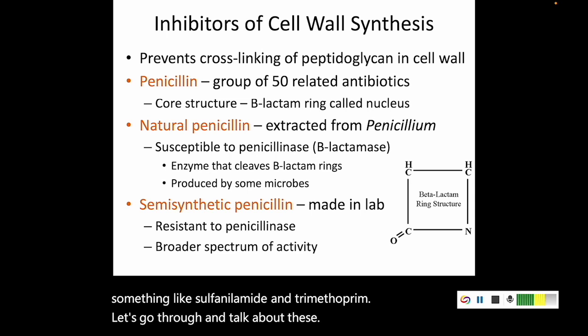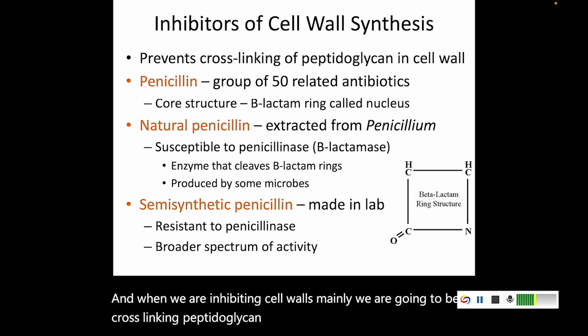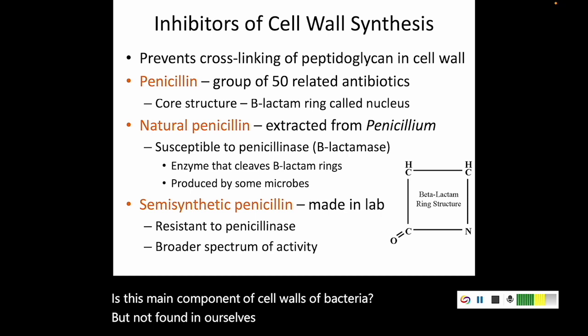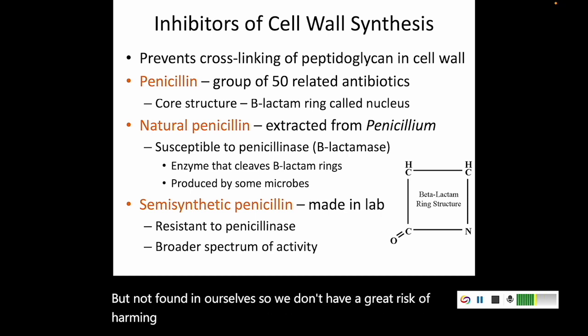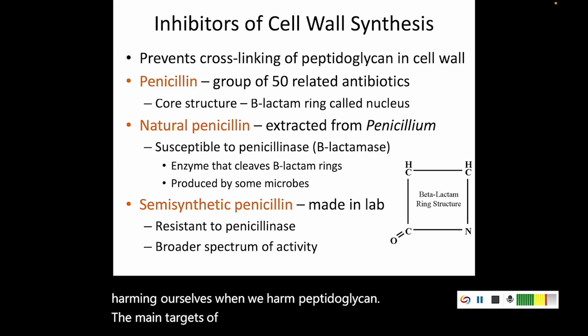When we are inhibiting cell walls, mainly we are going to be cross-linking peptidoglycan within the cell wall. Peptidoglycan, again, is the main component of cell walls of bacteria, but not found in our cells. So we don't have a great risk of harming our cells when we harm peptidoglycan. The main targets of cell wall synthesis are penicillins.